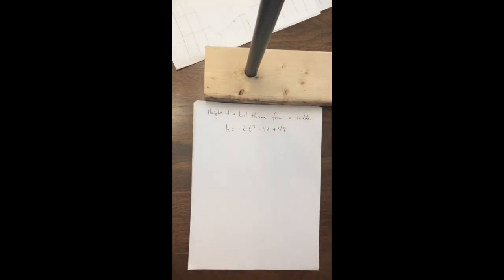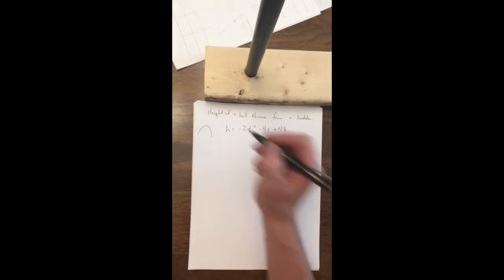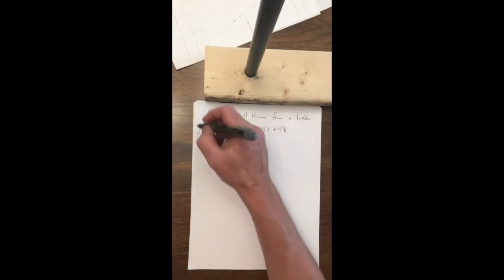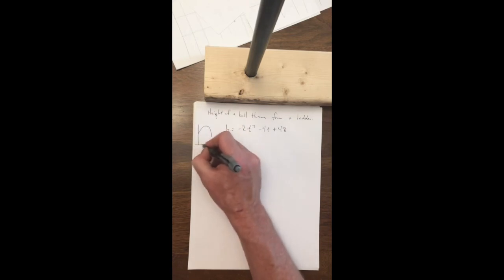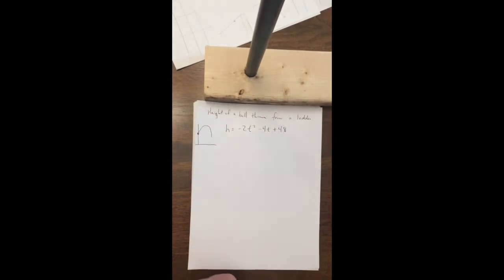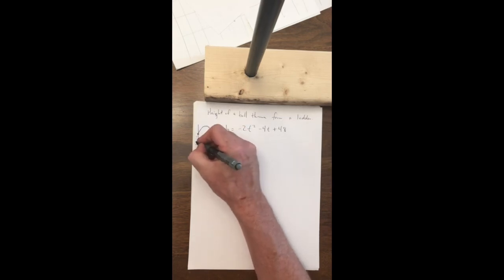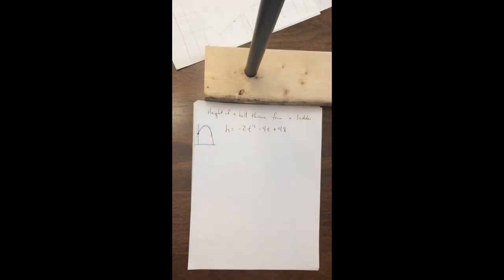All right, a couple things. If I'm throwing a ball, common sense tells me that I'm gonna see a parabola that looks like this. And it's also thrown from a ladder. So if I include my x and y axes, I'm up a ladder here somewhere, and I'm gonna throw the ball. So we're gonna have something that looks like that.